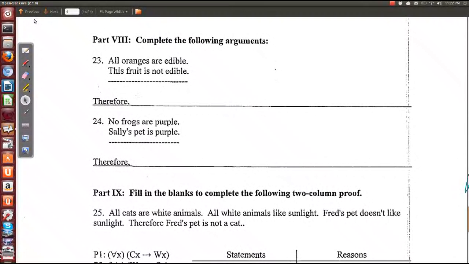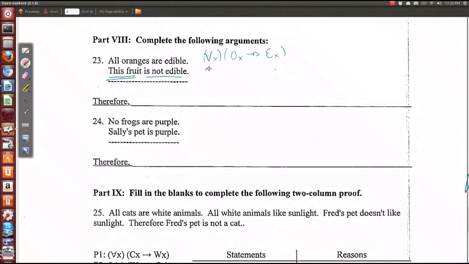So over here, we'll just complete these arguments. I'm saying all oranges are edible. So in other words, for all x, if x is an orange, then x is edible. And then I say this fruit is not edible. My subject is this fruit. My predicate is not edible.